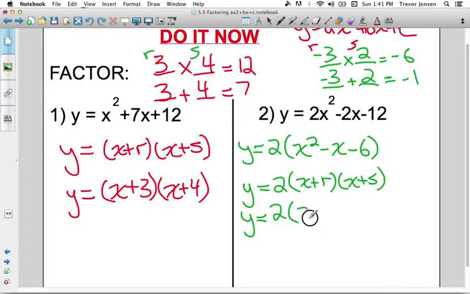So I have x plus r, my r value is -3, so I'll have x plus -3, which I'll simplify to x minus 3, times x plus s, and my s value is 2, so x plus 2. And there, I have now factored the quadratic expression y equals 2x squared minus 2x minus 12. If I want to check that I factored it correctly, I multiply these three terms out to make sure I get back to my original expression, and you will.